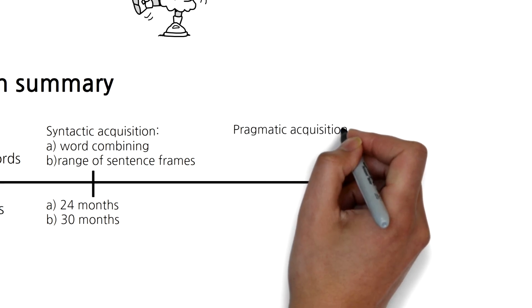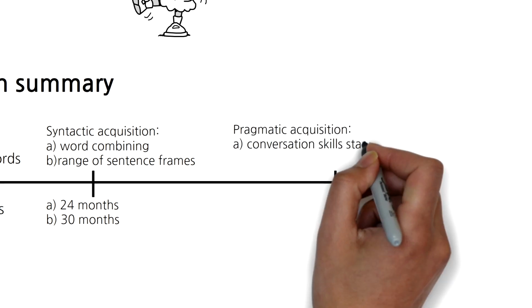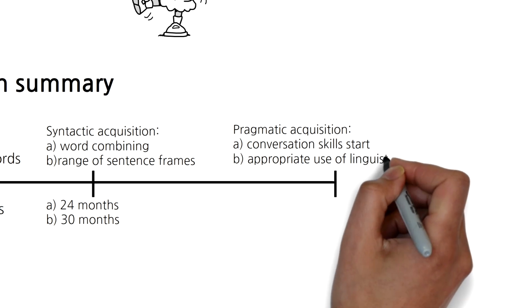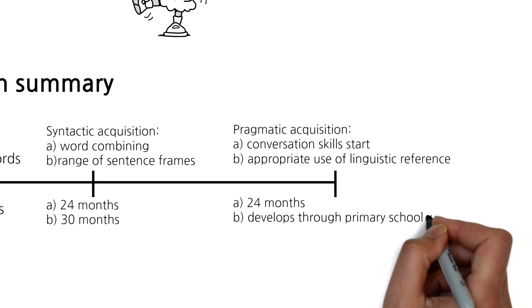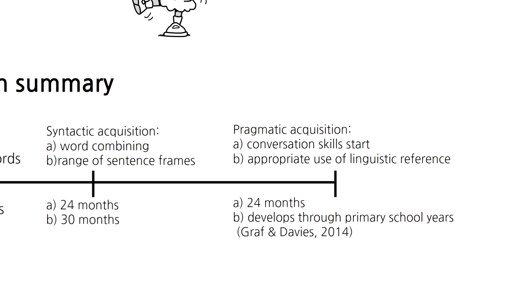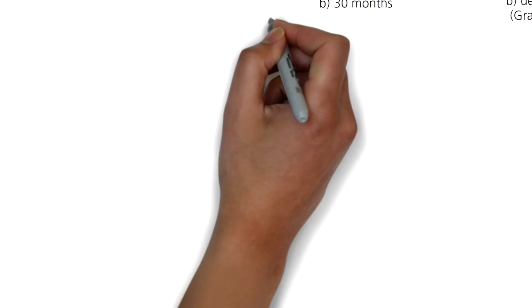There is also pragmatic acquisition, so the conversational skills start to develop around 24 months, but then the appropriate use of linguistic reference continues to develop through their primary school years. And for review, see Graf and Davies in 2014.